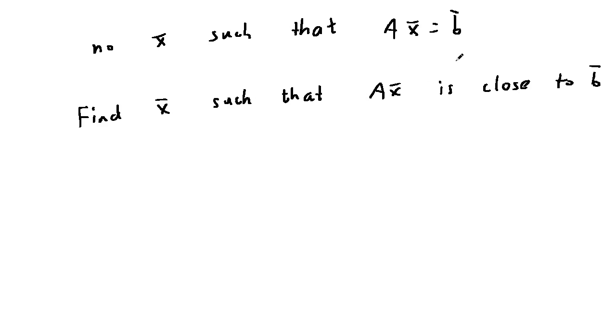Since we can't have Ax equals b, we at least can try to find an x that makes Ax close to b.